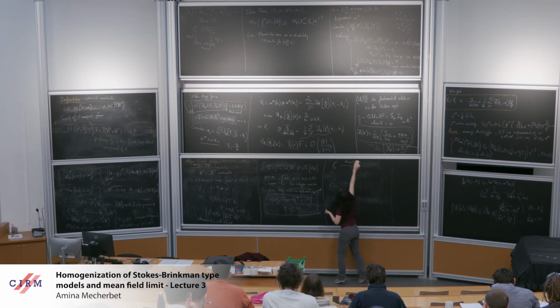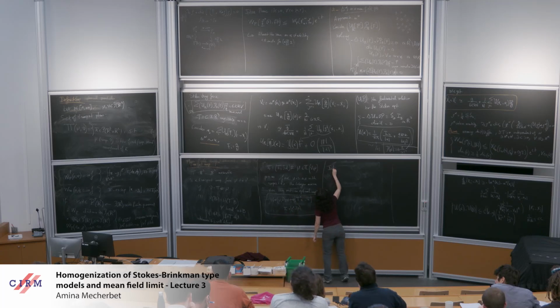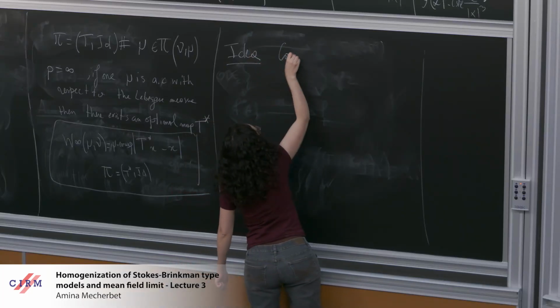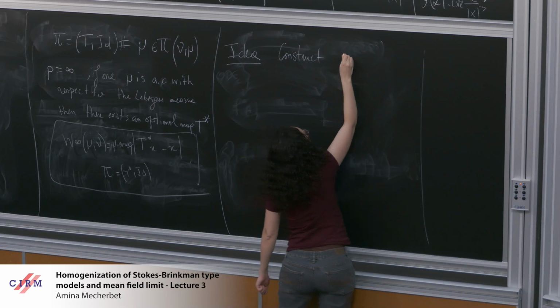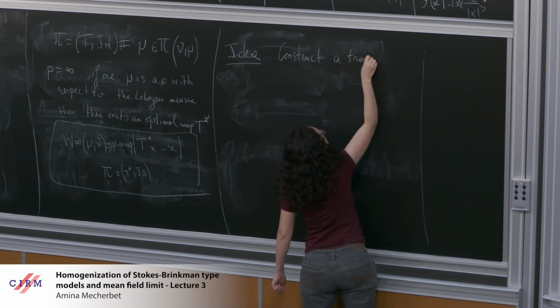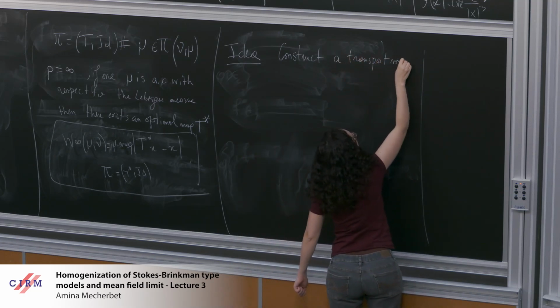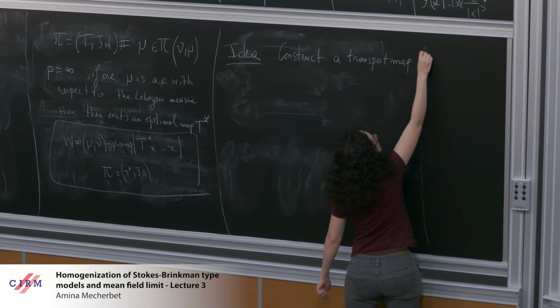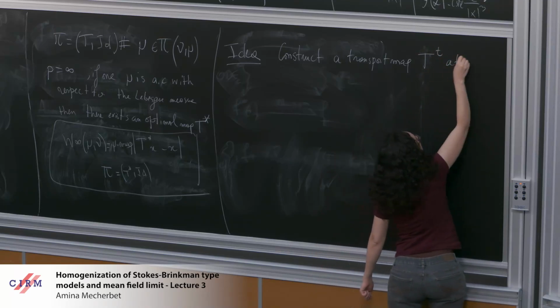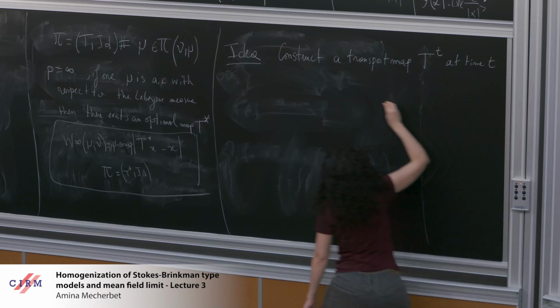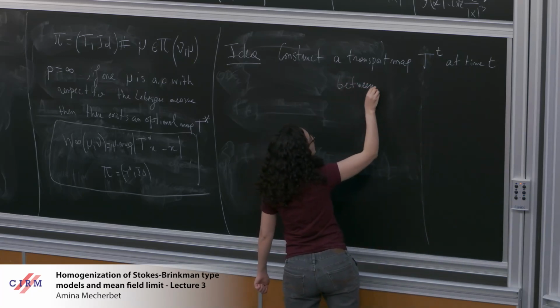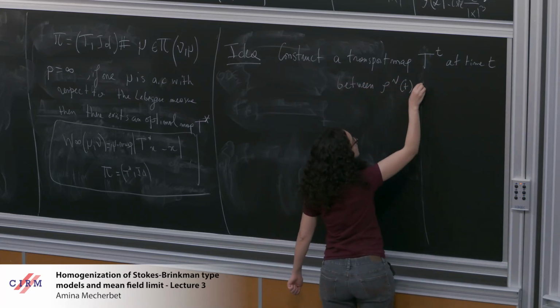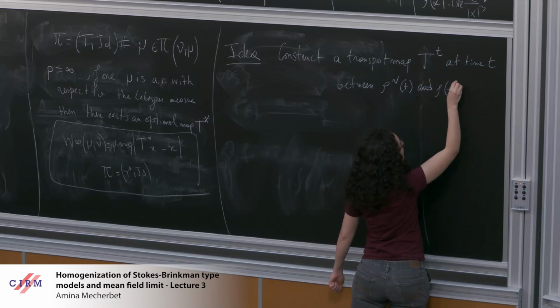We will construct a transport map for all time. So the idea is to construct a transport map, I will call it T_t at time t, between rho_n(t) and rho(t) as follows.